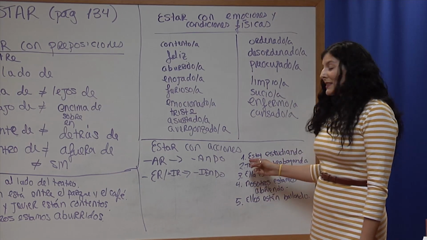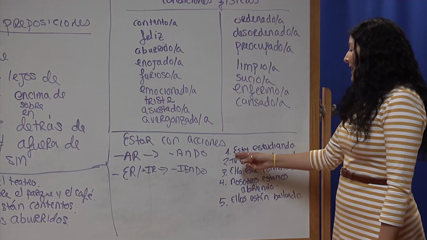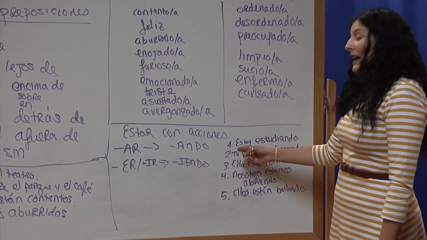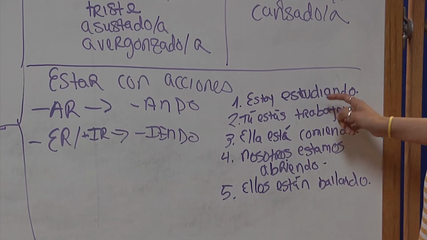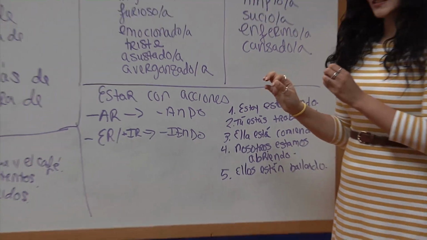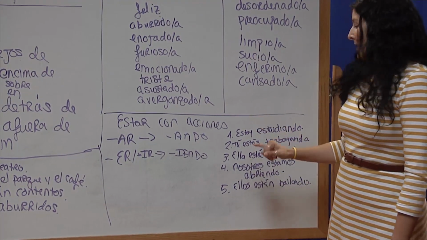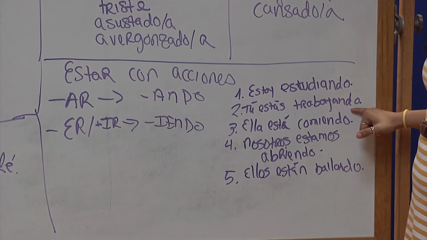So if you wanted to say, I am studying, then you would say, estoy estudiando. Estoy meaning I am, estudiando meaning studying. So this ando becomes the ing in English. If you wanted to say, you are working, then I would say, tú estás trabajando, right?